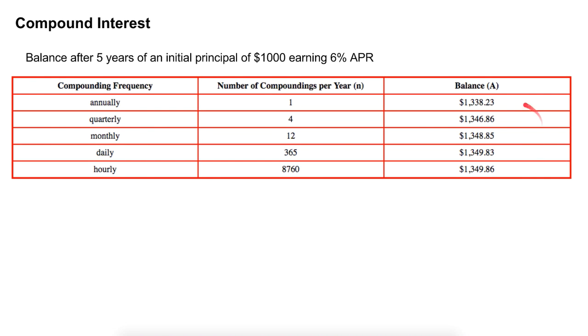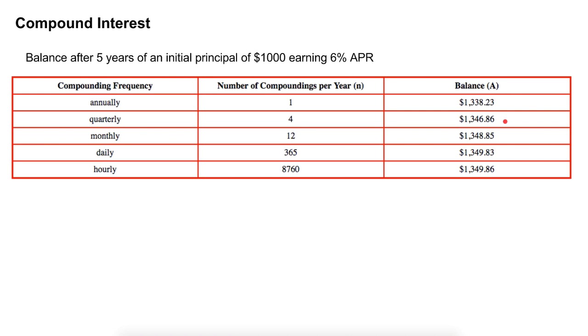So if we look after 5 years, compounding annually compared to quarterly, we got about, what was that, $8.50 more, which is not a huge amount of money. You're not going to buy a new car with $8.50, but I'd rather have that. $8.50 is something. I can get something out of that.